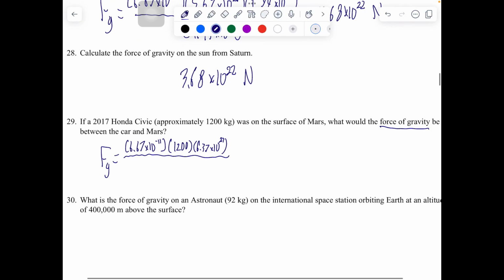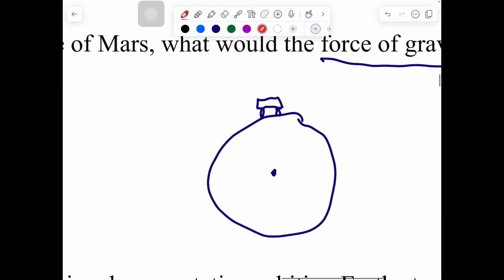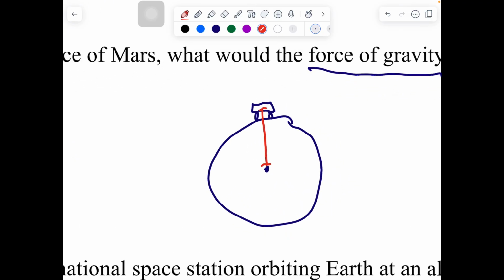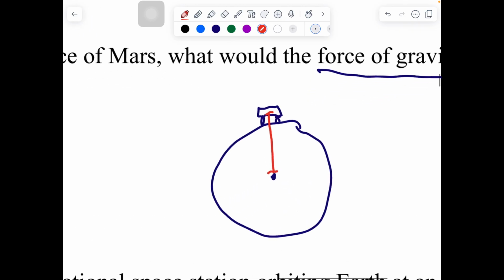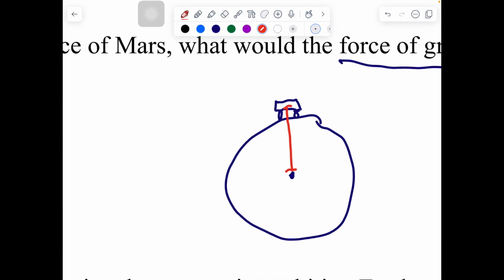Well, if you're on Mars, here's an artistic rendition. Here's the center of Mars. Here is your car. Since Mars is so huge compared to your car, we're going to say the radius of Mars is really the distance to your car, right? We don't have to add in the extra half a meter that the car is off the ground on its wheels.